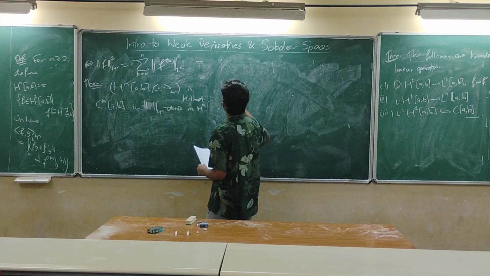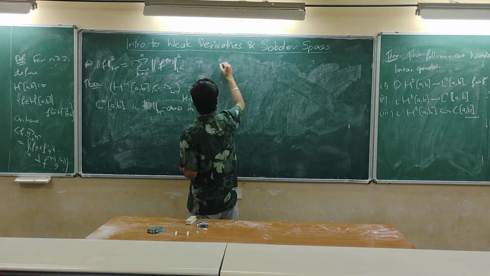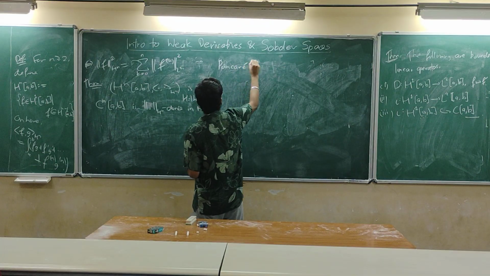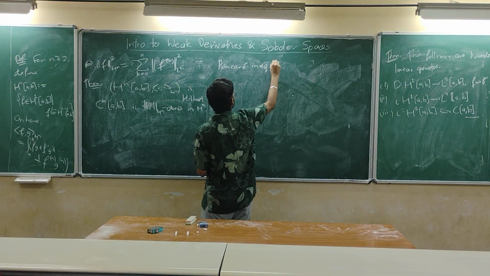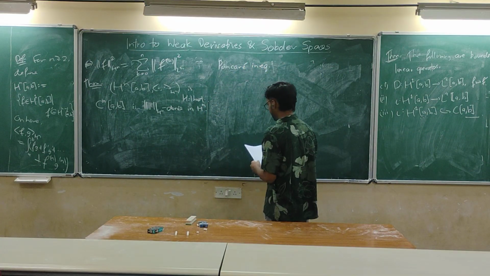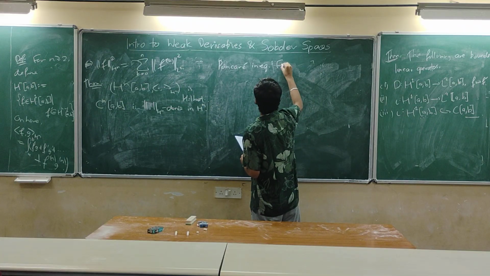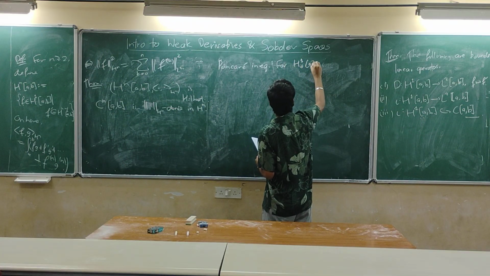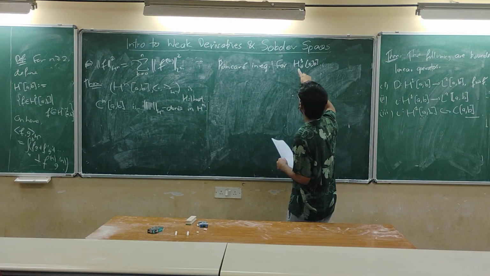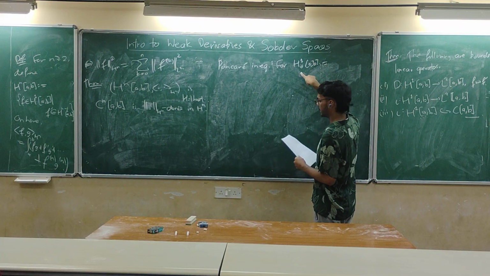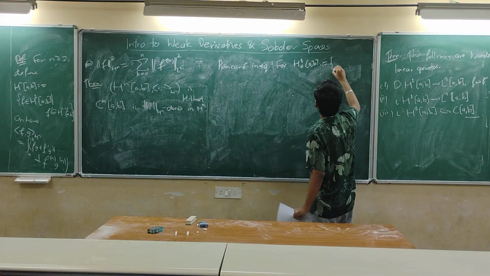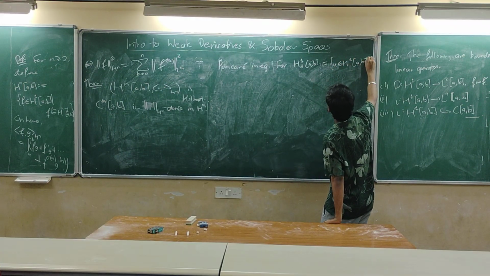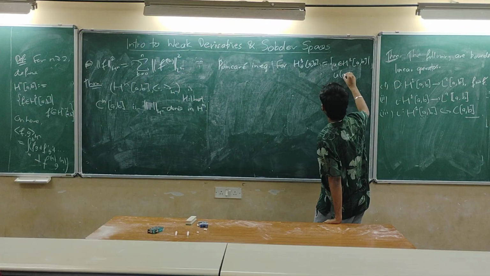To show some applications, one is the Poincaré inequality, which says that for the space, we'll shift from C01 to H01. We call this the space of test functions now, which is basically all those weakly differentiable functions which are clamped at the endpoints.